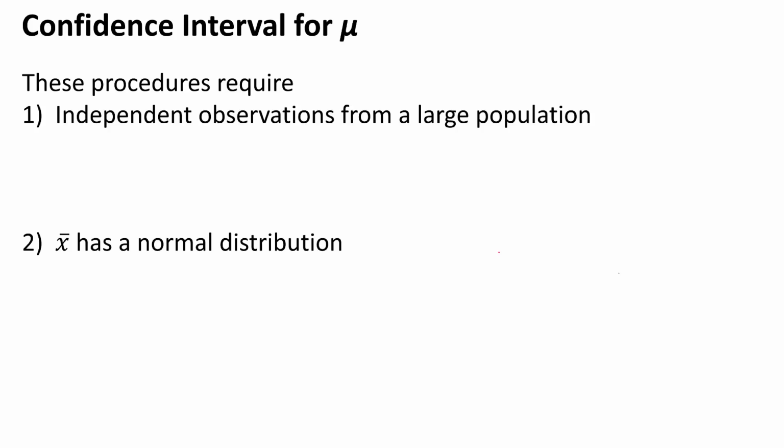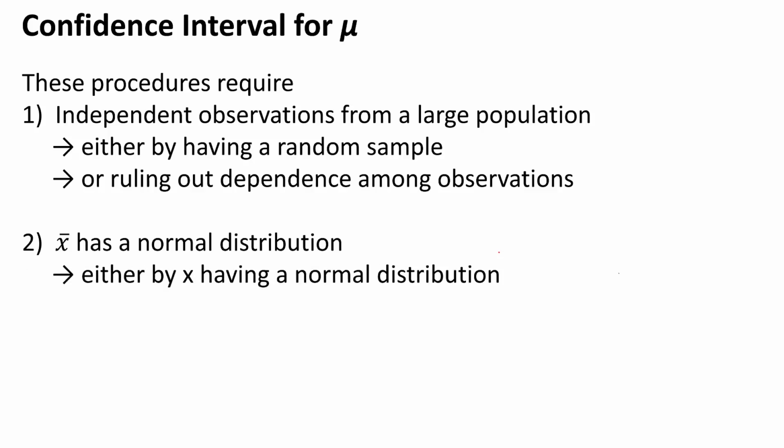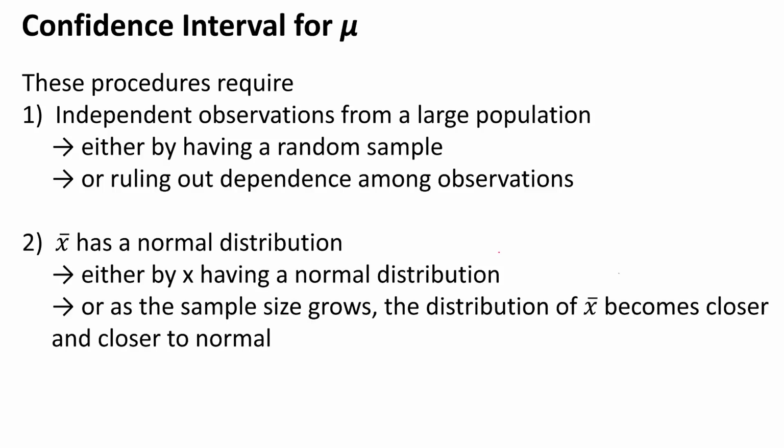Now you can get the independence of observations either by having a random sample or ruling out dependence among the observations in other ways. The second assumption, that the sample mean has a normal distribution, you get either by having X come from a normal distribution or by the CLT. As the sample size grows larger, the distribution of the sample mean becomes closer and closer to a normal distribution.